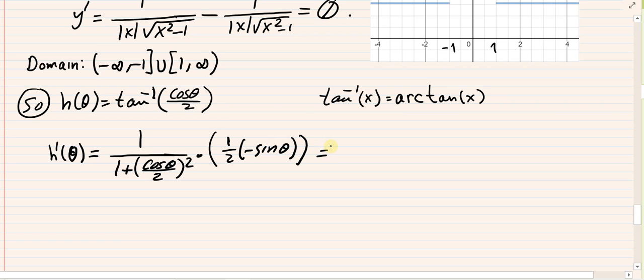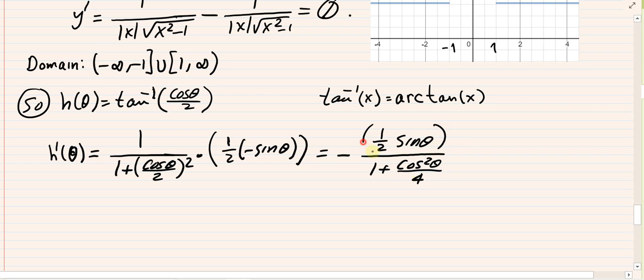Okay. And so I'm going to put the negative in front of the fraction. The sine theta, let's see, 1/2 sine theta. In the denominator, I have 1 plus cosine squared theta over 4.